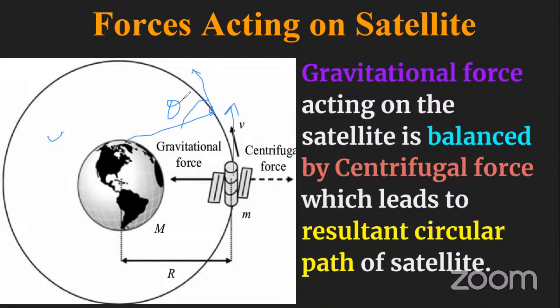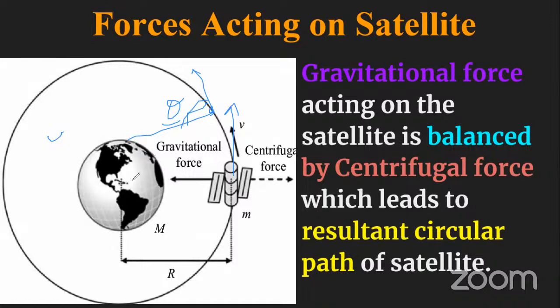So work done is nothing but force into displacement into cosine of this angle, cosine of the angle theta. This is what work done is as per physics. So if this angle is 90 degrees, then as per trigonometry, cos of 90 degrees is 0.